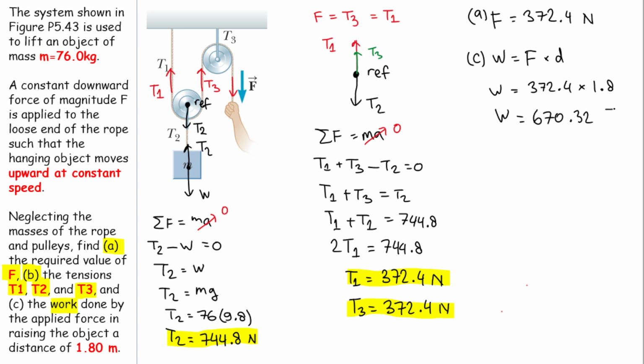The unit here will be joules, and that is the answer for question C. We answered the work done by the applied force. So we have answered all the questions here. This 372.4 N is for question B. I think that's all for this problem.